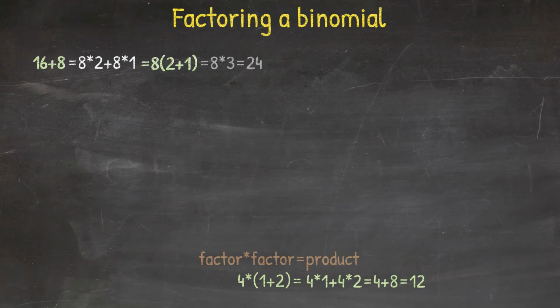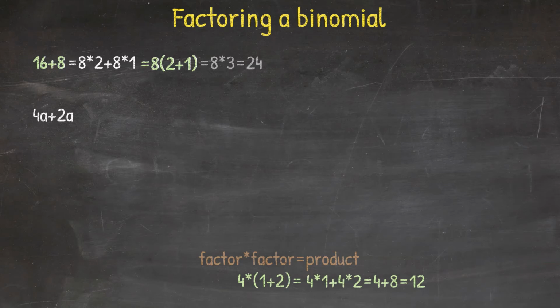Here is another example, 4a plus 2a. This is a binomial, and we're asked to factor it. In order for us to factor it, we need to identify common factors of both of these terms. Term number 1 is 4a, and term number 2 is 2a. If we look at it, we can see that both of them have one common factor that's very obvious, which is a.